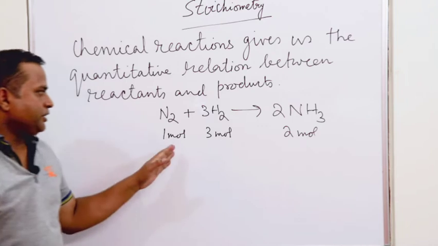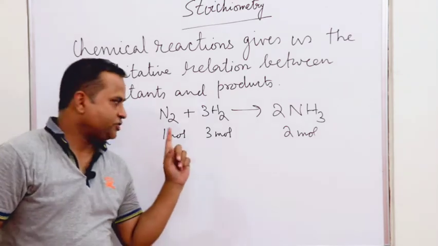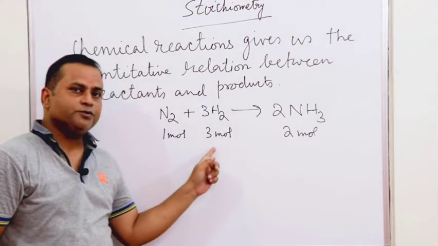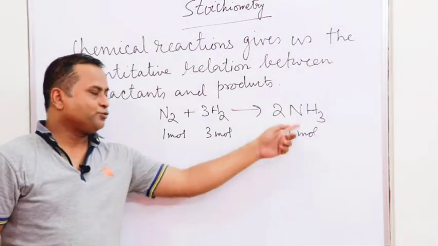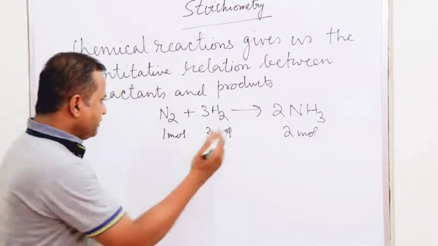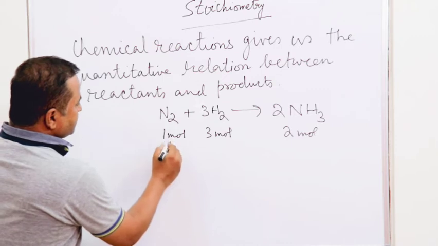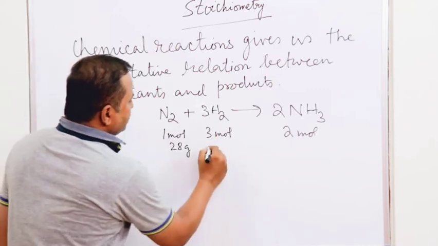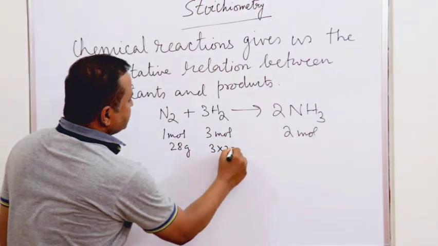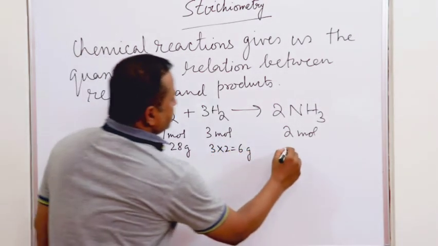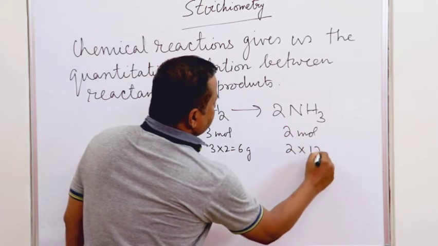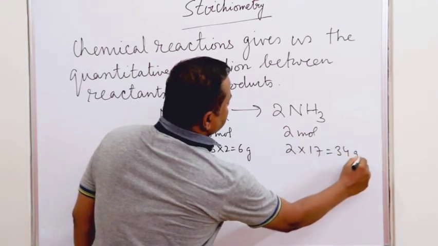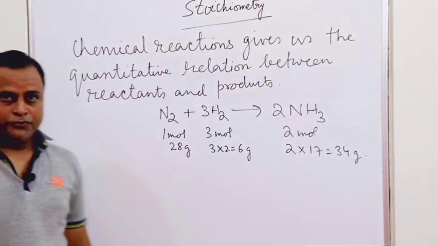So here you can see there is a quantitative relation, that is 1 mole of N2 reacts with 3 moles of hydrogen to give us 2 moles of ammonia. Similarly, we can also write 1 mole means 28 gram. 28 gram of nitrogen reacts with 3 into 2, that is 6 gram of hydrogen to give 2 into 17, that is 34 gram of ammonia.